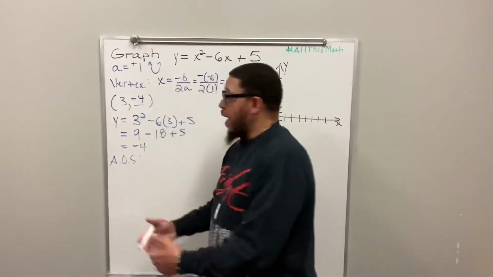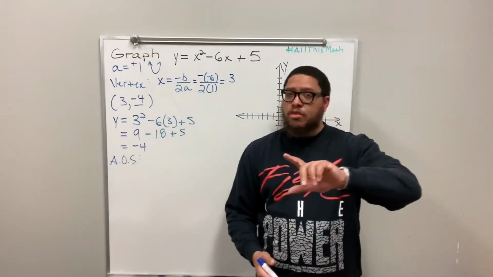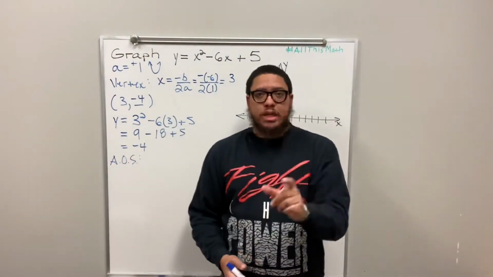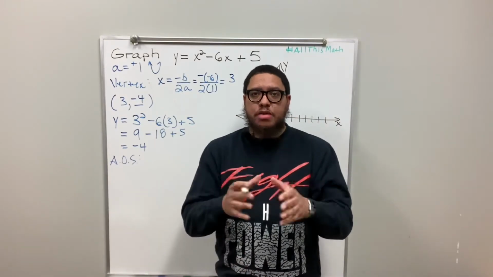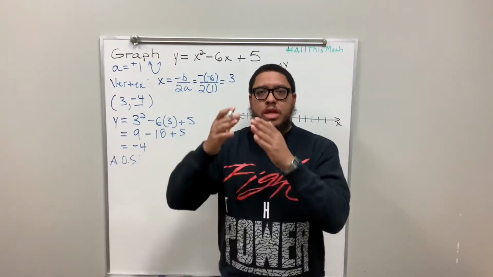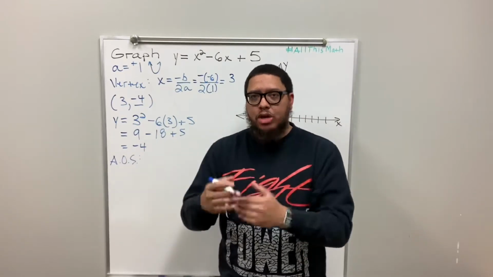So the actual axis of symmetry, remember from before, when we were graphing straight lines, when you have a vertical line, the way you describe that vertical line is x equals the point on the x-axis that line goes through.